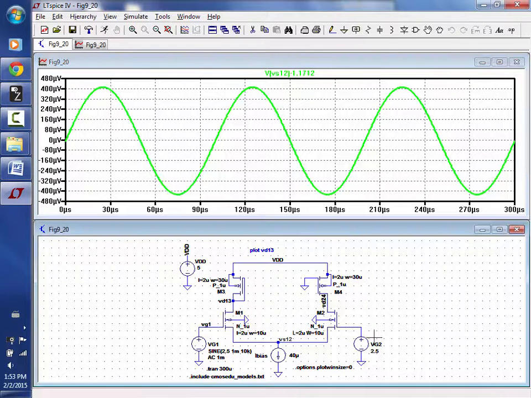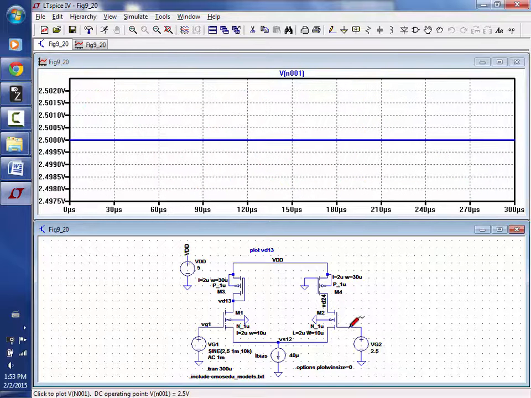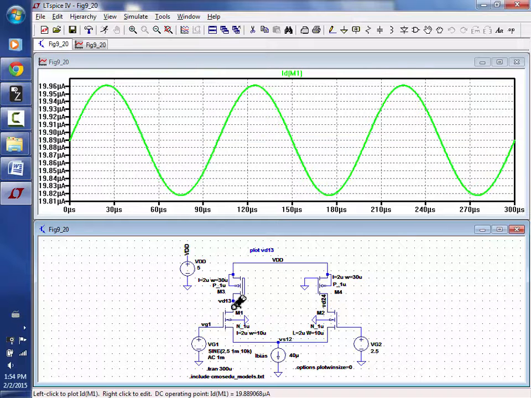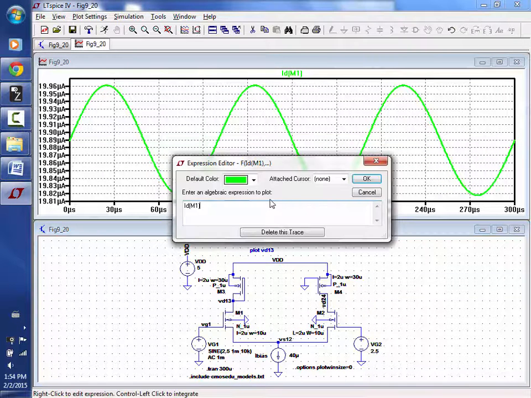Here, if I plot the current or the voltage, I get AC is 0. If I look at the current that flows, I get my 19.89. Let's see what happens if we remove that. What was the magnitude of the current I calculated? GM-VGS. 75 nano.